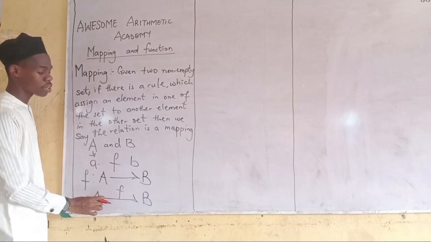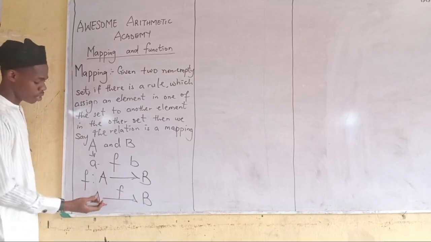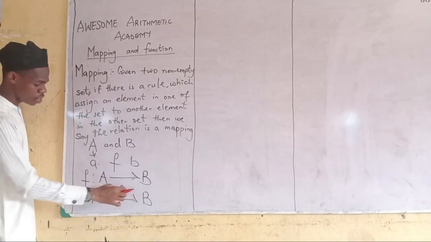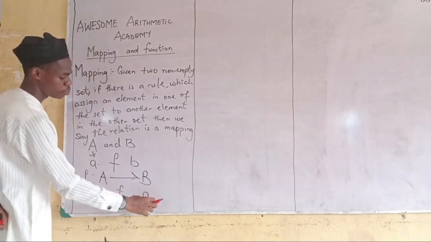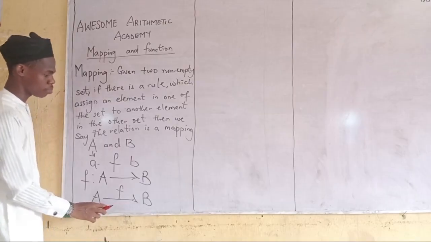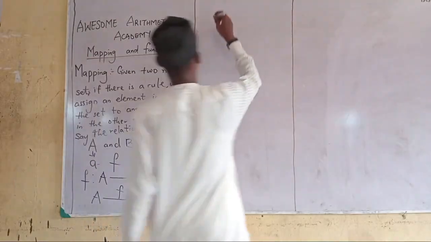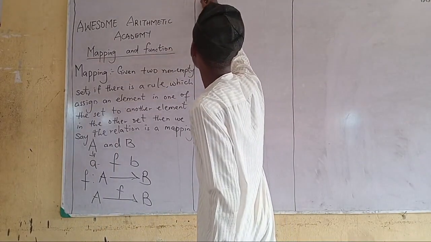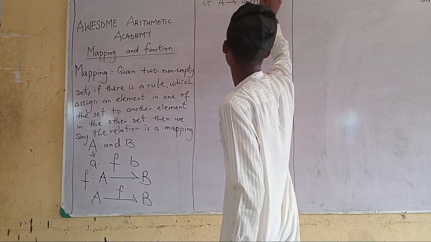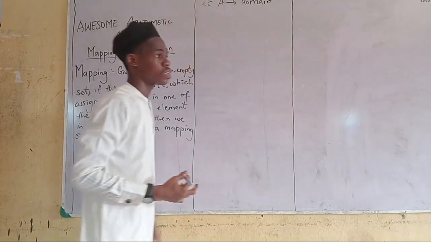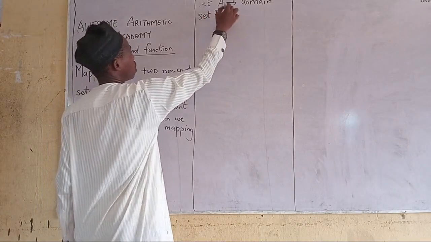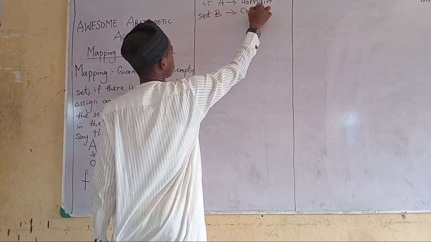Sometimes you call the elements of A the input: when I put any value here into the rule given to me, it will produce an element of B. So that's why it is called mapping. Set A is known as the domain, while set B is the codomain.